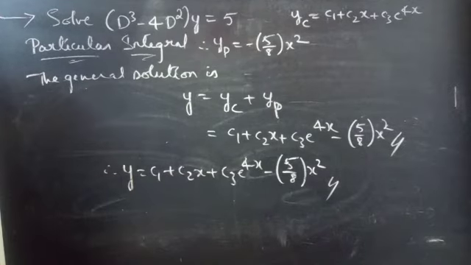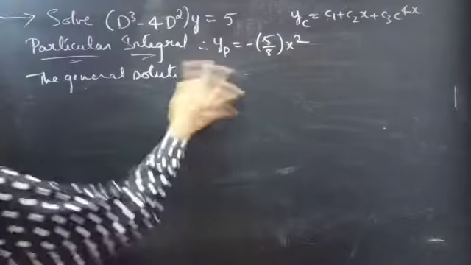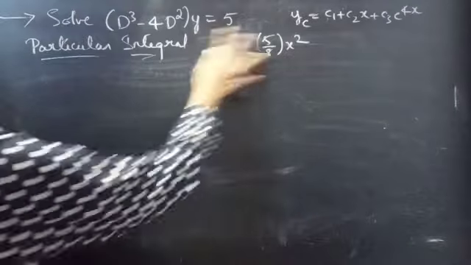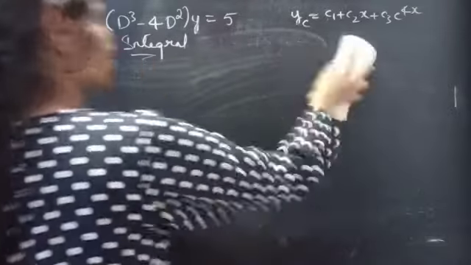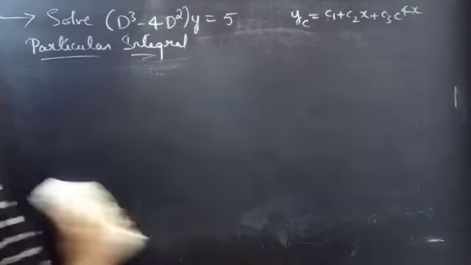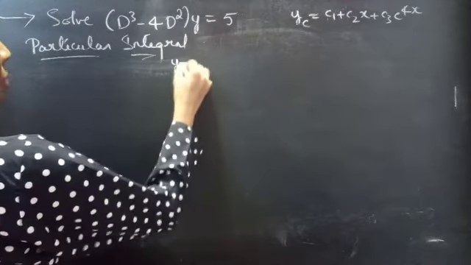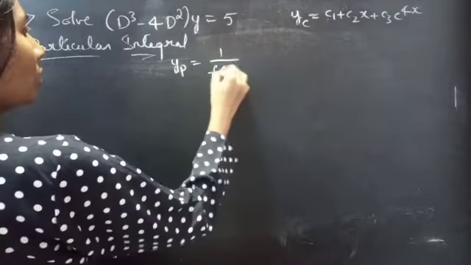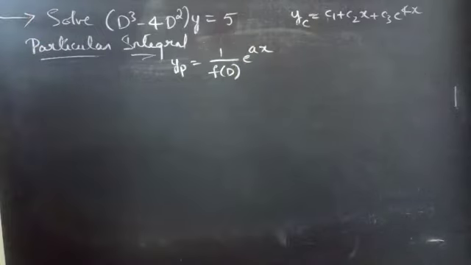So let's see how to find yp in more detail. We have yp equals to 1 by f of D into e power ax, right?